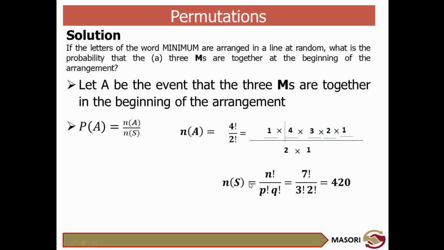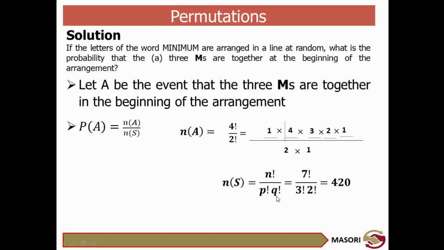Remember, for the sample space in general, what we have is n factorial divided by p factorial multiplied by q factorial, where p factorial is for elements that are alike, the first set that are alike. In this case we have M, M, M, so our p factorial will be 3 factorial.